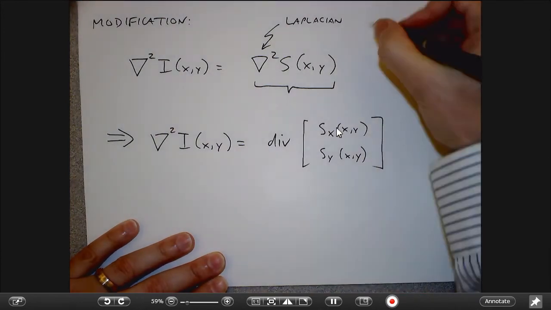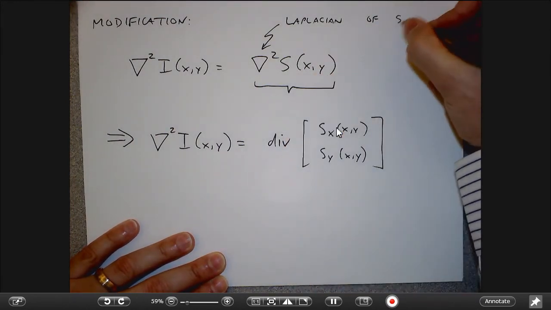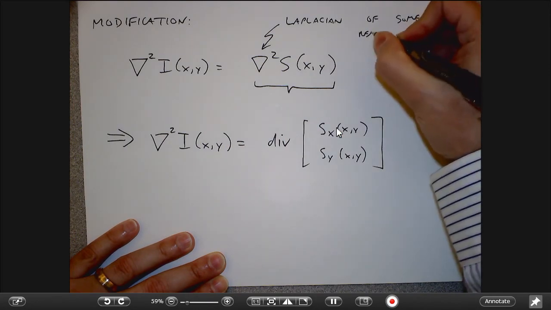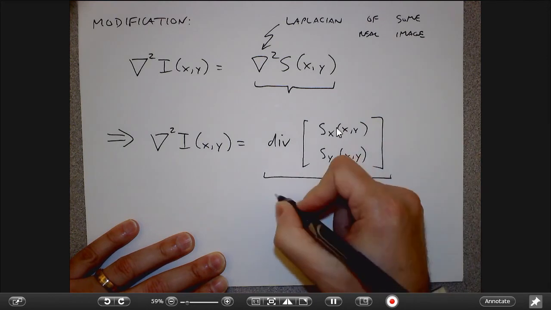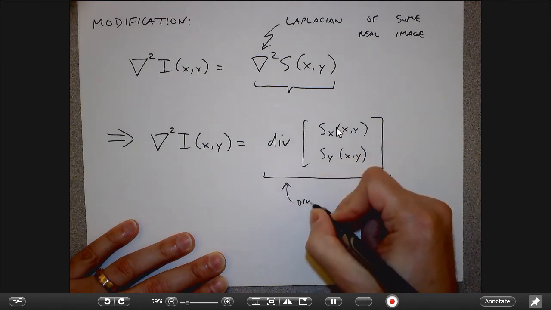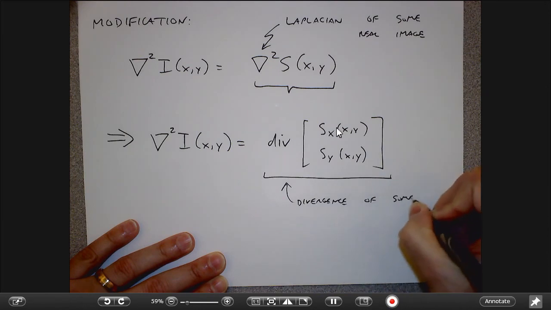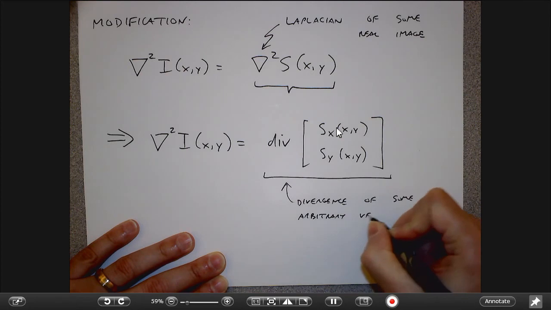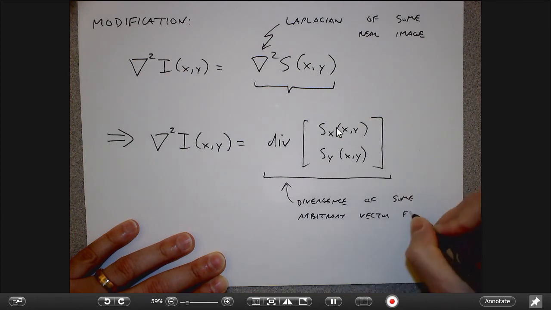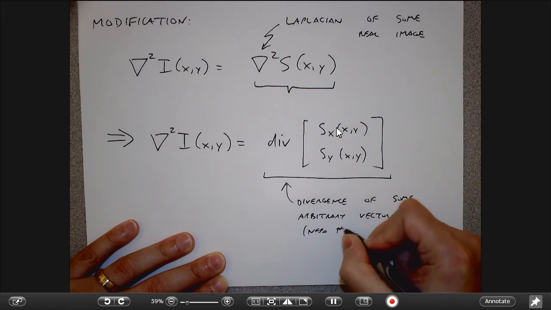Here, the difference between these two things is that this is like saying this is the Laplacian of some real image. And this is like saying this is the divergence of some arbitrary vector field, need not come from a real image.